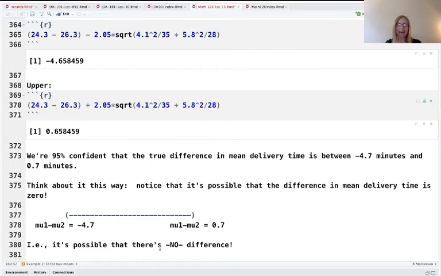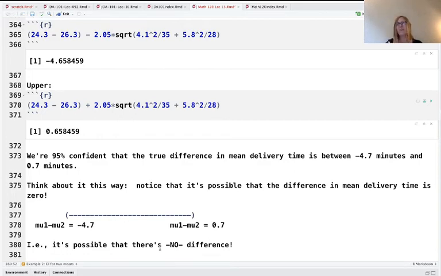And that's exactly what our hypothesis test said. Think about it. What was the null hypothesis for the hypothesis test? The null hypothesis was mu1 minus mu2 equals 0. And we failed to reject that null hypothesis.